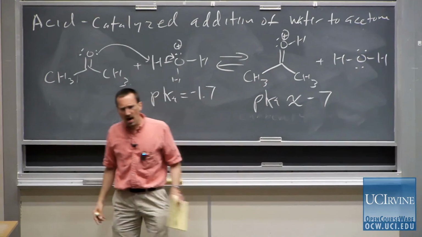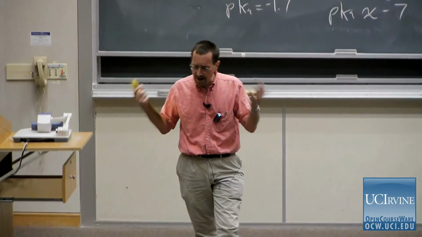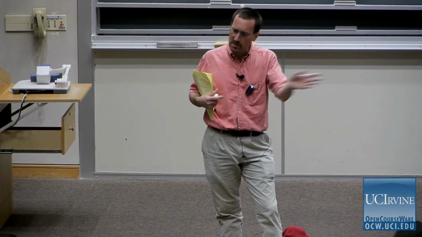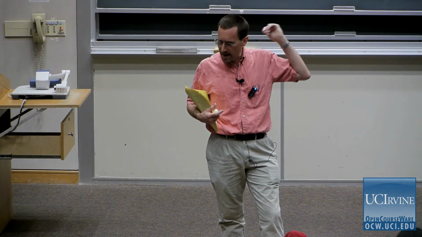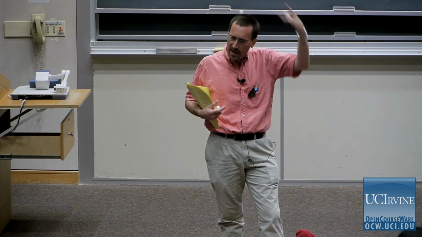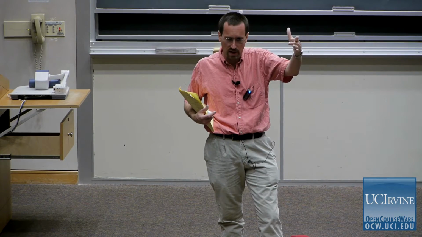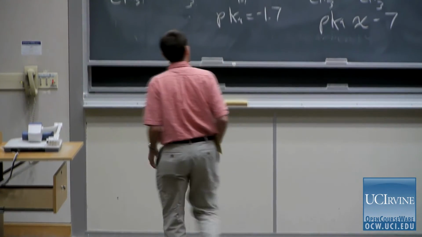And in general, my rule of thumb is if within about 10 orders of magnitude you have a difference of pKa, protons can transfer back and forth. Our equilibrium is going to lie way to the left, but you'll have a significant and a sufficiently appreciable concentration of protonated acetone for it to react.